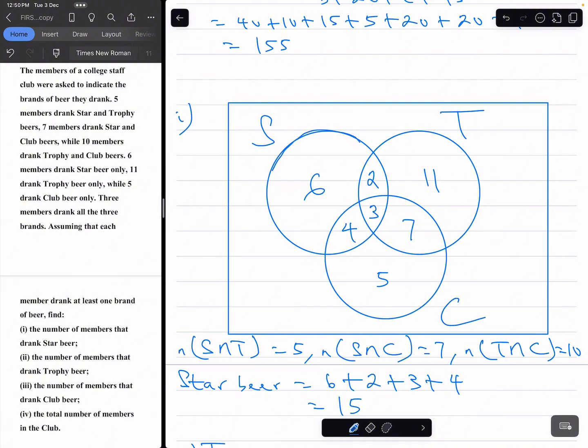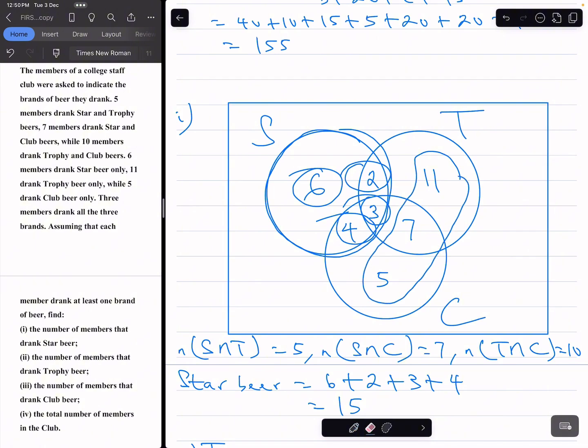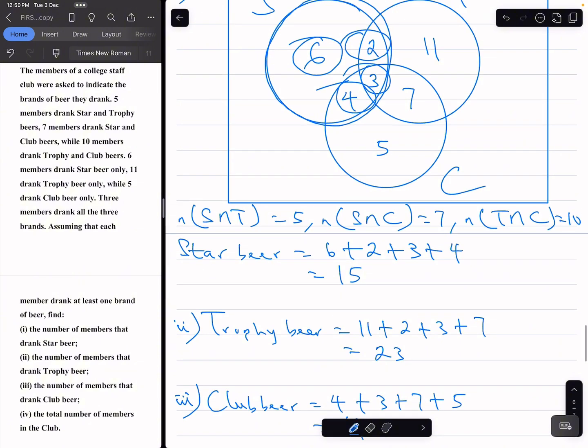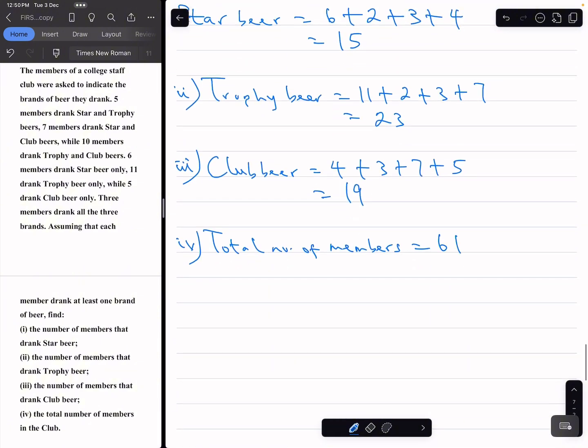This is a trick so that I don't make mistakes: add everything inside one of the sets together, that's 6 plus 2 plus 3 plus 4, and you add the remaining things to the result. We already know that there was nobody who didn't drink at least one brand of beer, so the total number of members at the club will now be 6 plus 2 plus 3 plus 4. We even already know that that's 15.